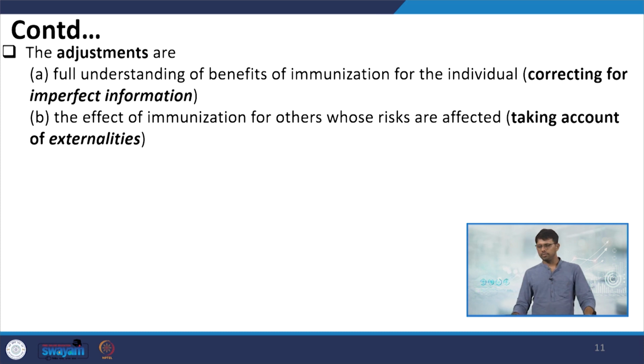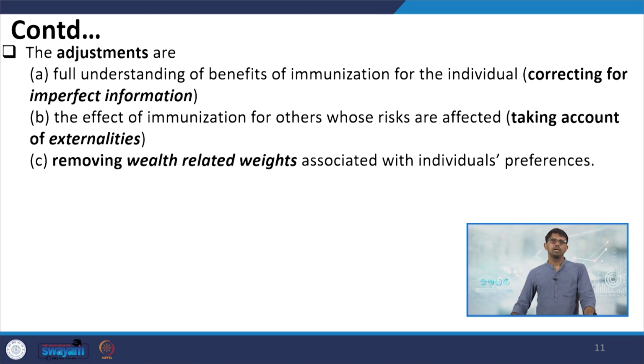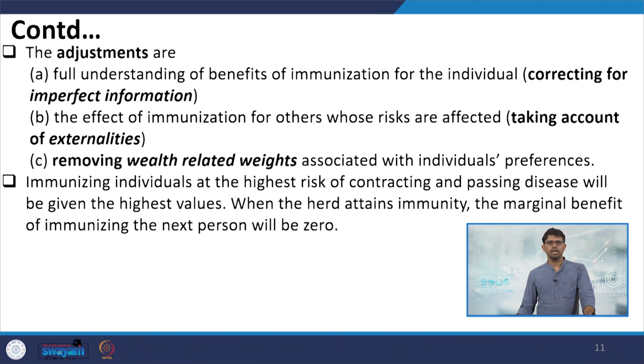Then the effect of immunization on others whose risk is affected, taking externalities as well. So, adjustment for imperfections, adjustment for externalities, and removing well calculated weights, etc., will be countable enough for the adjustment to take place faster. Immunizing individuals at the highest risk of contracting and passing on disease will be given the highest value.